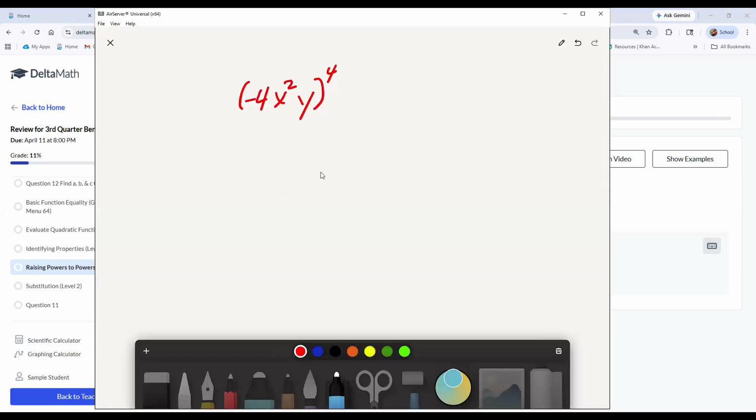All right, so here, basically, you should know that this exponent tells you how many times to multiply the base. In this case, everything inside the parentheses is considered the base. So this is telling us we're going to have 4 copies of what's inside the parentheses. So there's 1 copy times another copy times another copy times another copy.